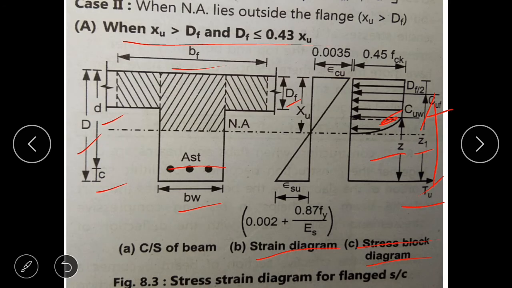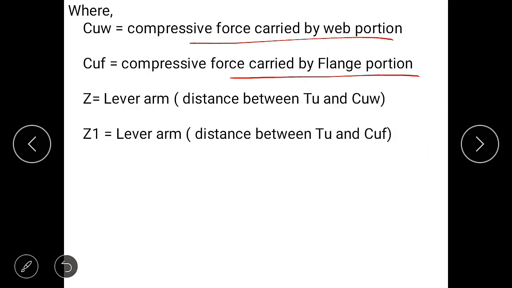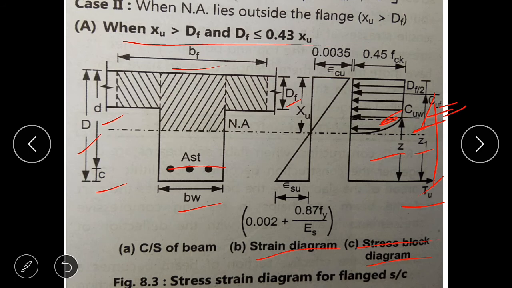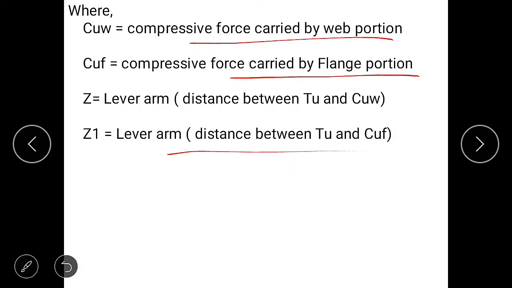So here the compressive stresses are taken by the web and by the flange. What is Z? Lever arm, the distance between Tu and Cuw, and Z1 is the lever arm, the distance between Tu and Cuf.